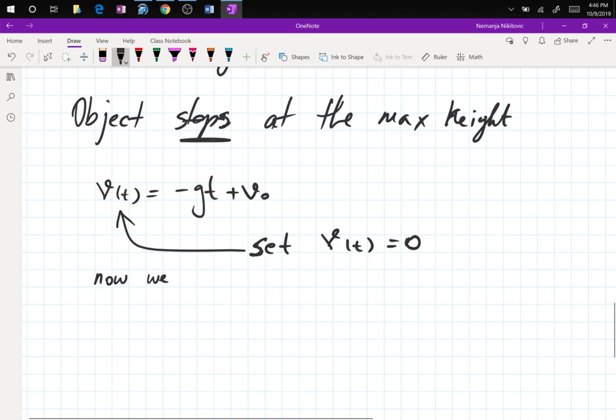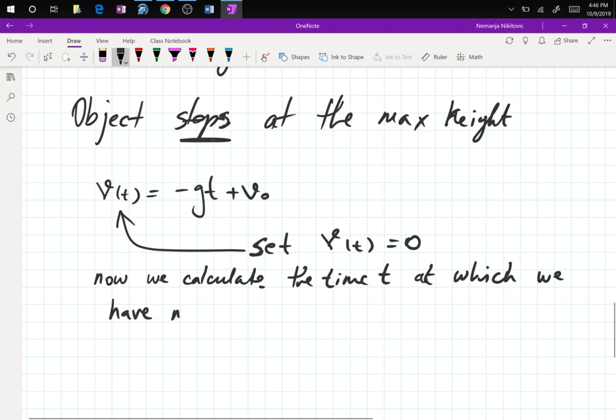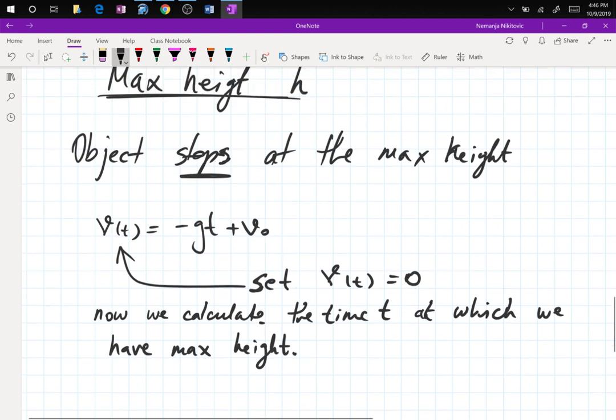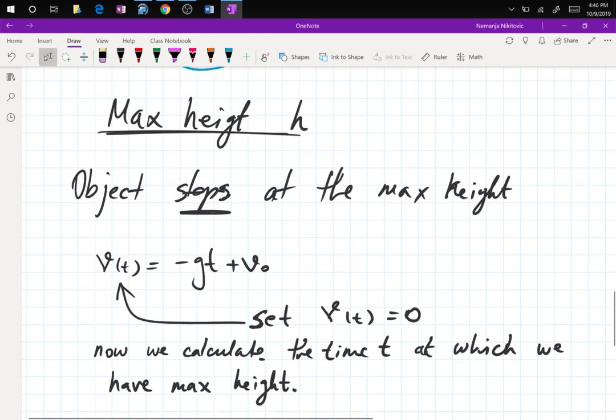And when you set velocity equal to 0, now we calculate the time t at which we have max height. I missed an h over here.